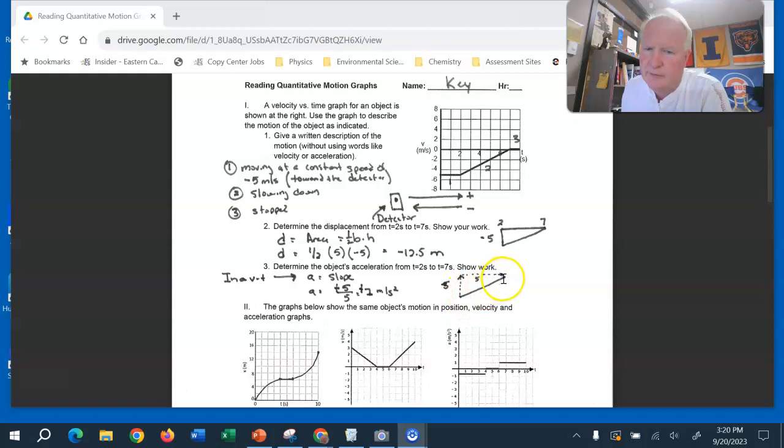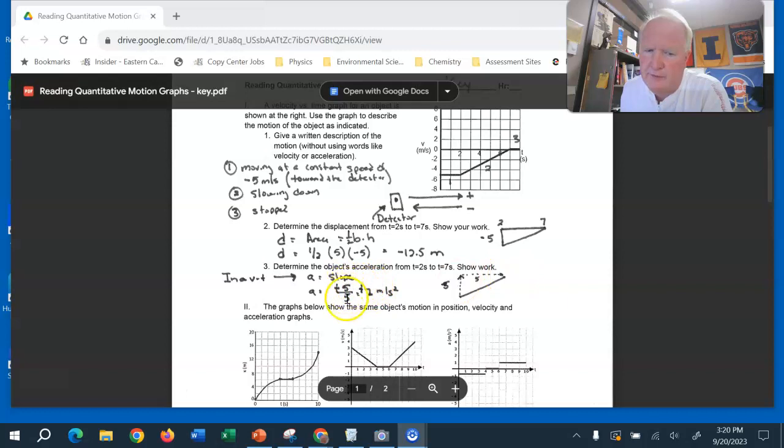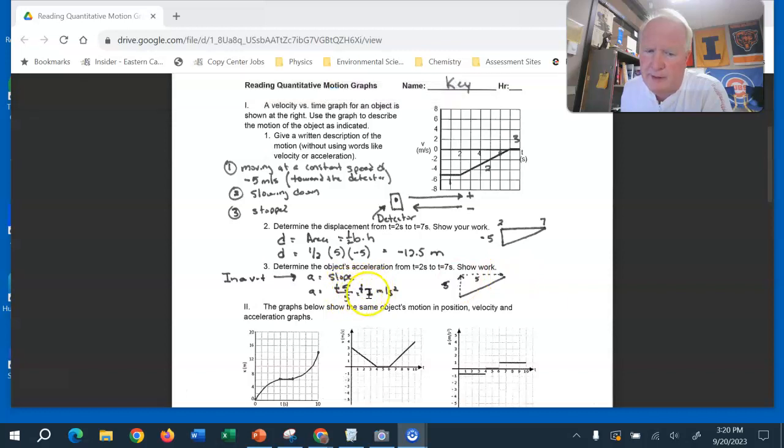Here's the little line from 2 to 7. And what's the rise? Well, the rise is +5. And then what's the run? +5. And so we have +5 divided by +5 equals +1 meter per second squared. Okay, so that's the slope of this line right here, and the slope of that line is the acceleration.